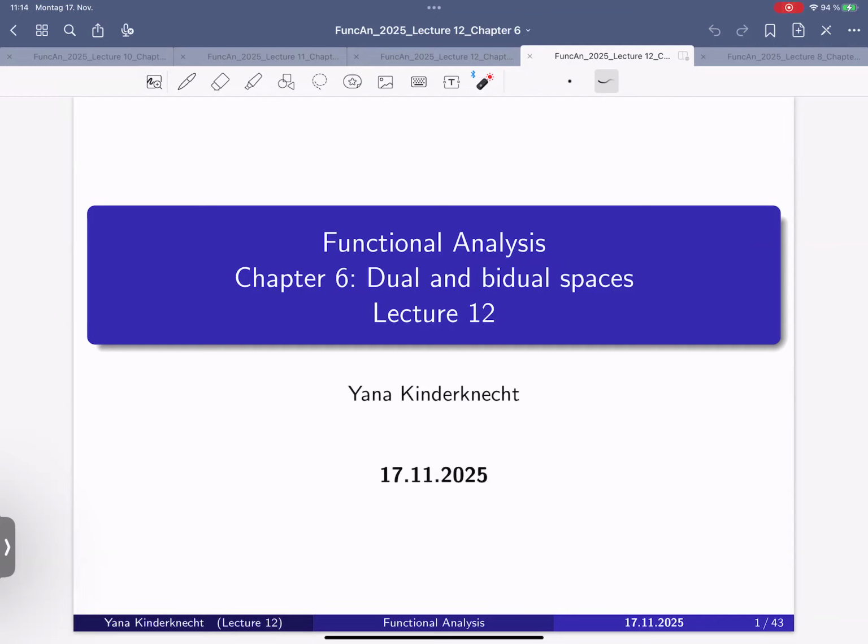So the Hahn-Banach theorem is really a fundamental result, which has a lot of consequences in further chapters, so to say. A small pause to realize that we have finished chapter 5 and we start something new.